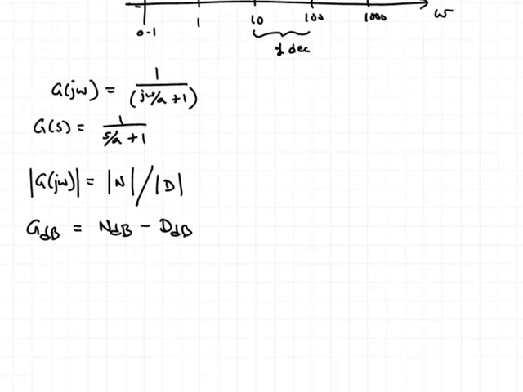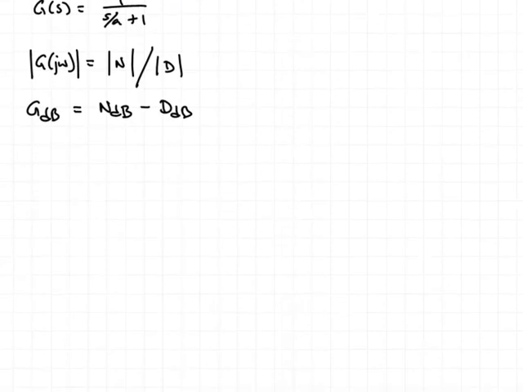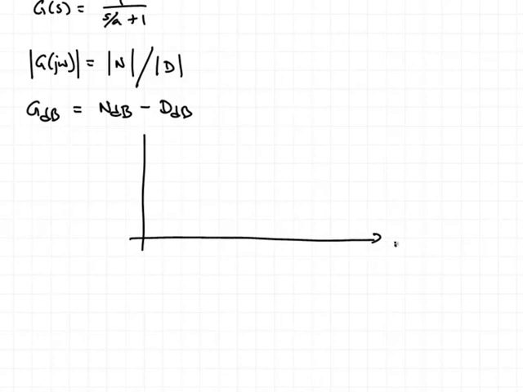So we can very easily plot this as omega, say 0.1, 1, 10, 100, and 1k, we'll say 0 dB, minus 20 dB, minus 40 dB.